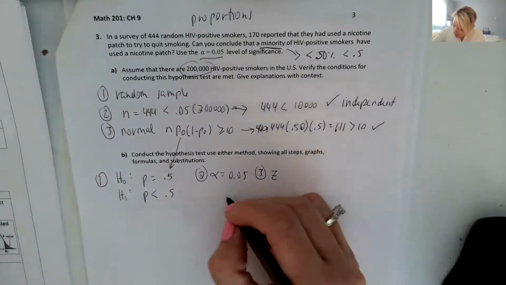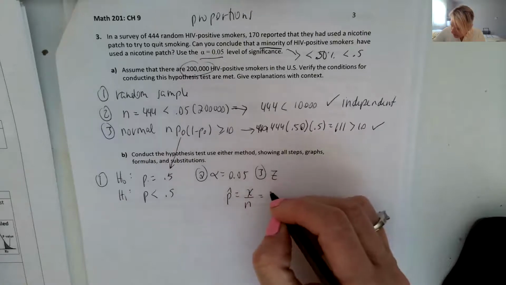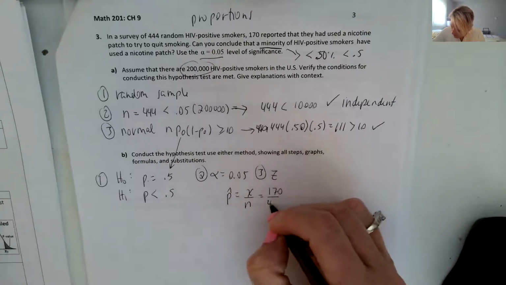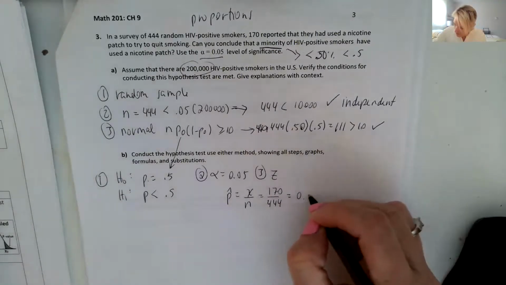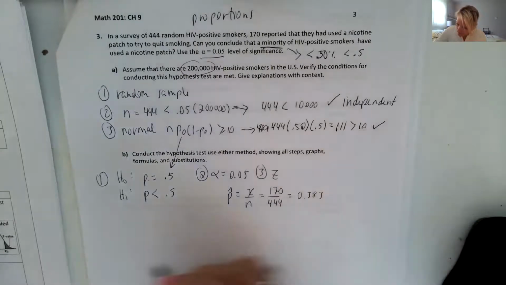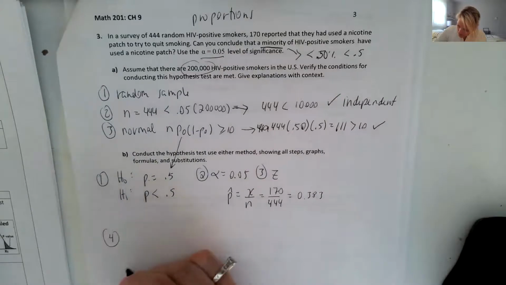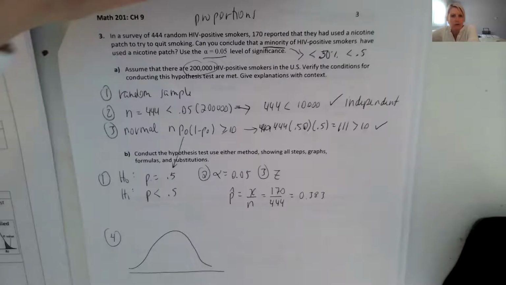We do need to know our P hat though, which is X divided by N. And we said that was 170 out of the 444 people sampled. And so that comes out to be 0.383. And so we're going to put that information in and we'll validate that we get this.